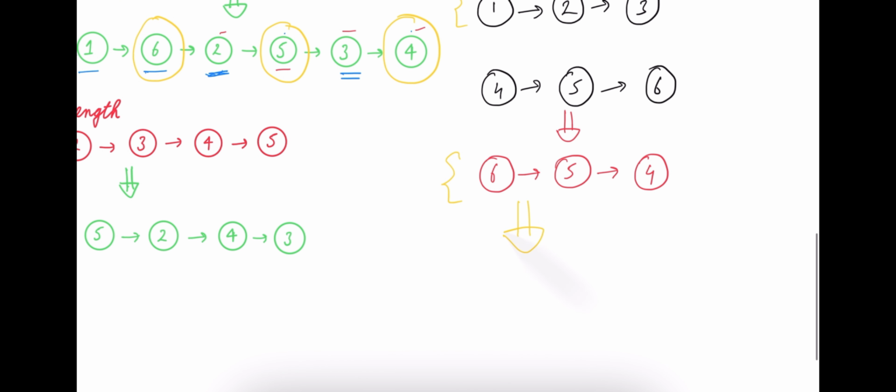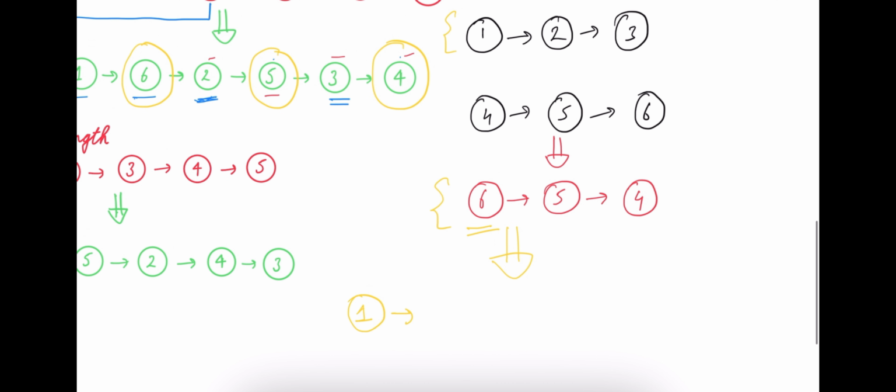We are going to get the linked list with node 1, and then we merge this node 6 between node 1 and 2. We are going to get node 6 here and then 2, and then node 5 is going to be in between node 2 and 3. So node 5 and then node 3, and node 4 will be the remaining node, so it would be just after node 3.